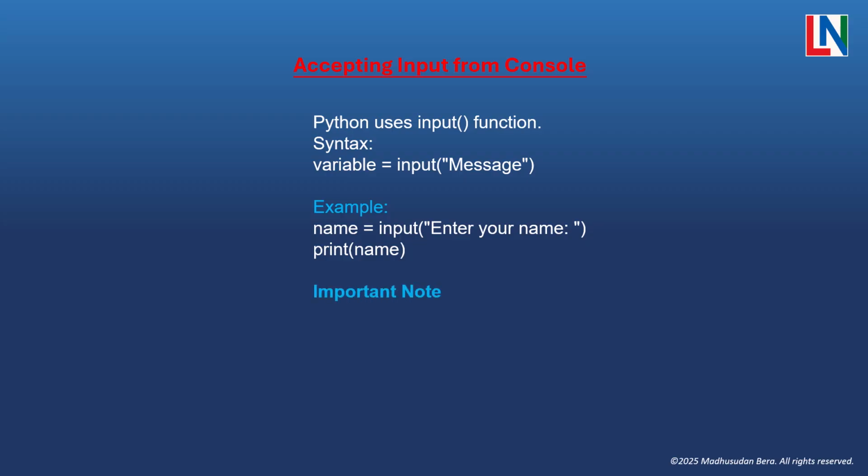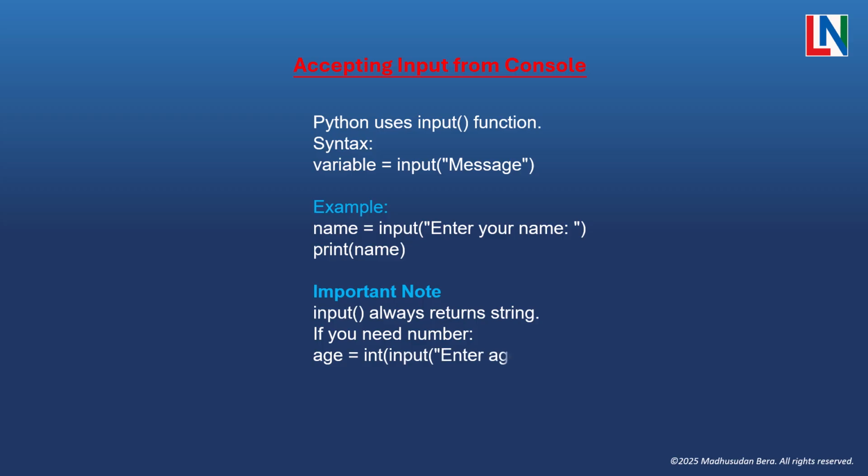An important note: input always returns a string. If you need a number, then put the int function before input. For example, a is equal to int input enter age.